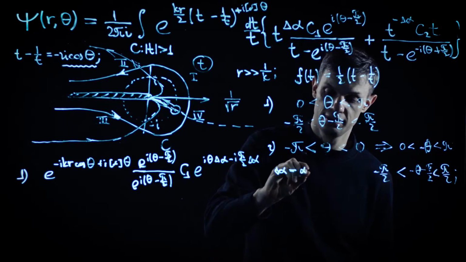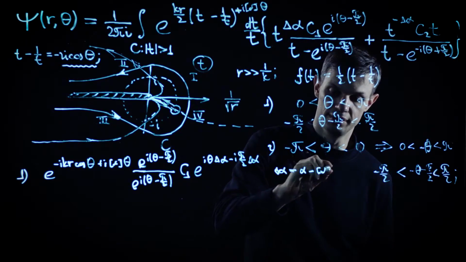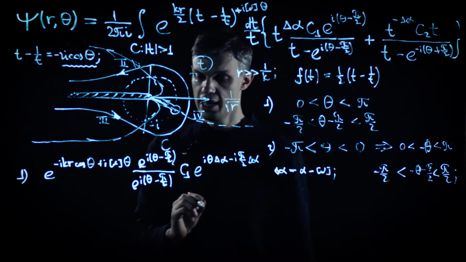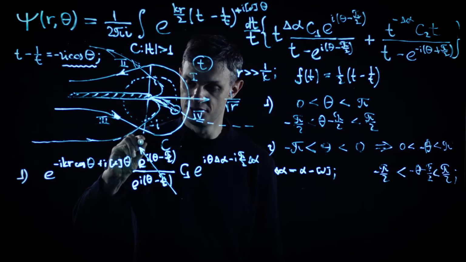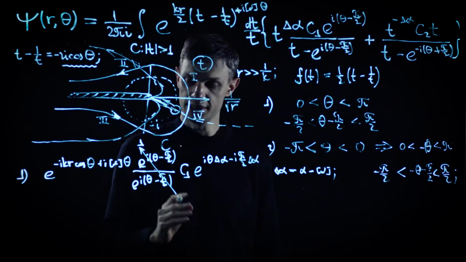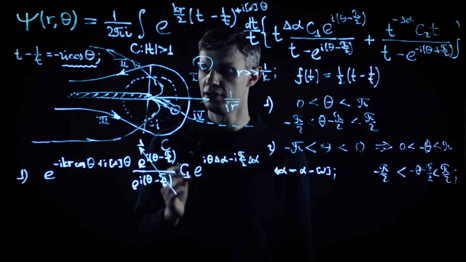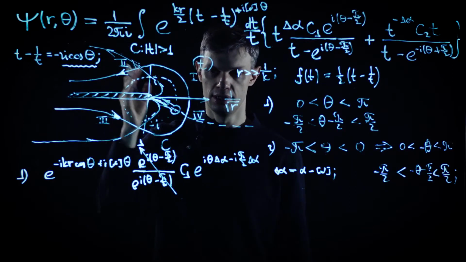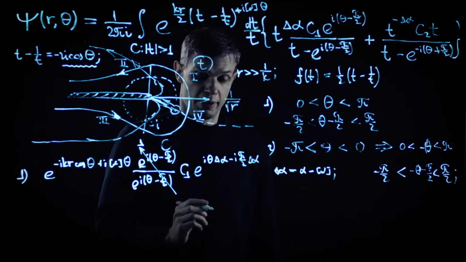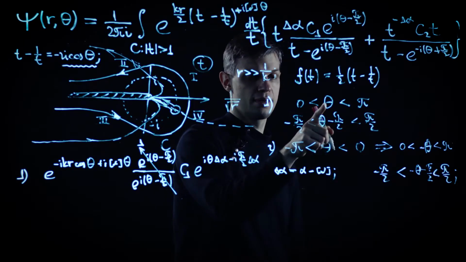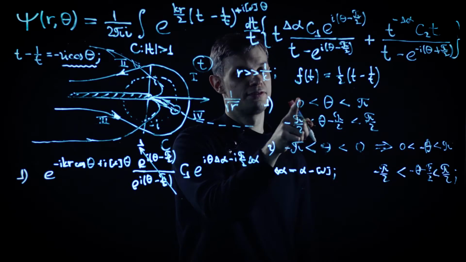So it's alpha minus integer part of alpha. Right. So this factor is reduced to 1. And here is the principal asymptotic behavior representing the incident plane wave. But this is for the region of thetas from 0 to pi.